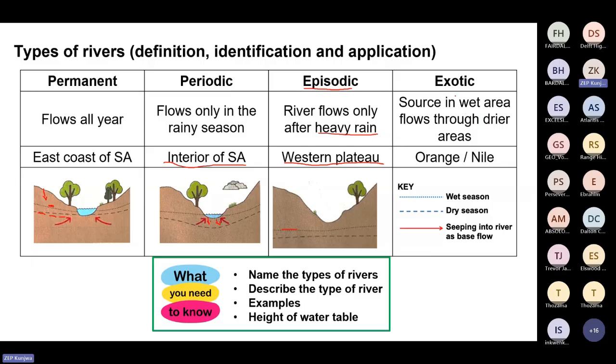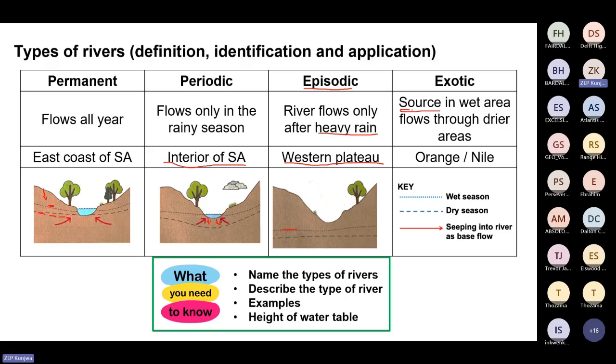You'll find a river flowing in the desert and you ask yourself, is not the desert supposed to be dry? Why is the river flowing here? That is because where this river is coming from, on the source, it is a wet area. It's a wet area because it can be having rainfall throughout the year.